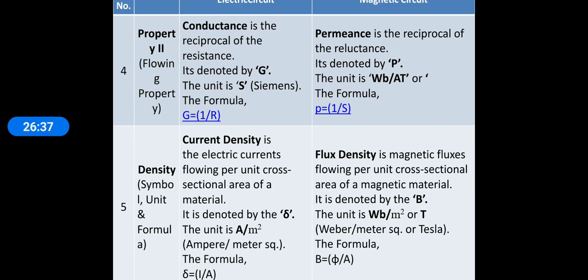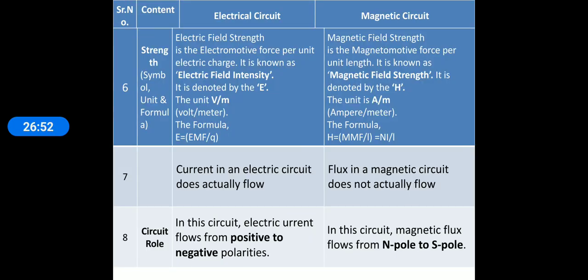In a magnetic circuit there is the permeance. In an electrical circuit there is the electric current density. In a magnetic circuit there is the magnetic flux density. In an electrical circuit there is the electrical field strength. In a magnetic circuit there is the magnetic field strength.